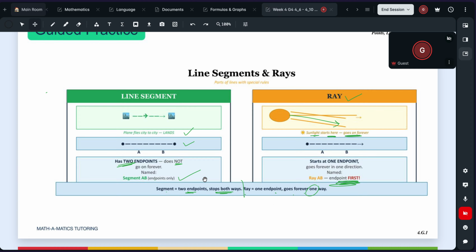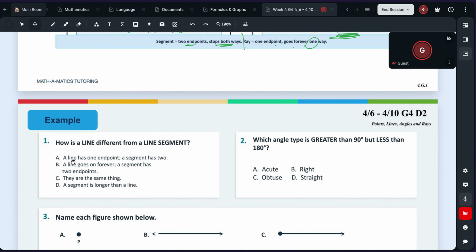So a line does not have even 1 endpoint. This statement is not true, because a line does not have any endpoint. A line is open in both directions, continuing forever in both directions. A segment has 2 endpoints. Yes, that is perfectly fine.